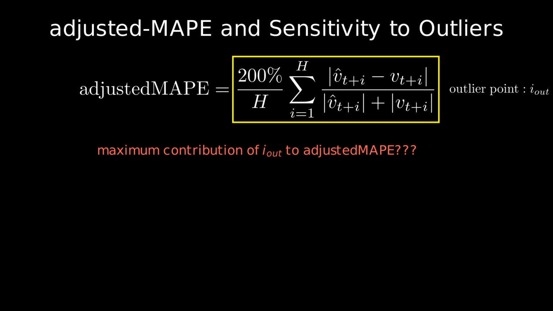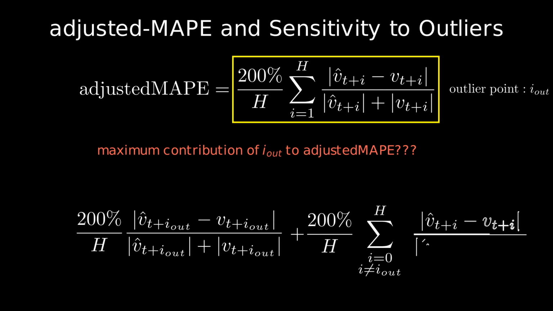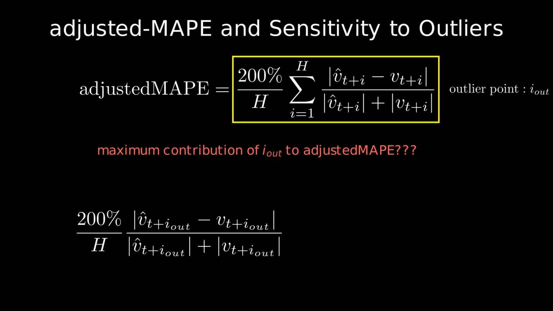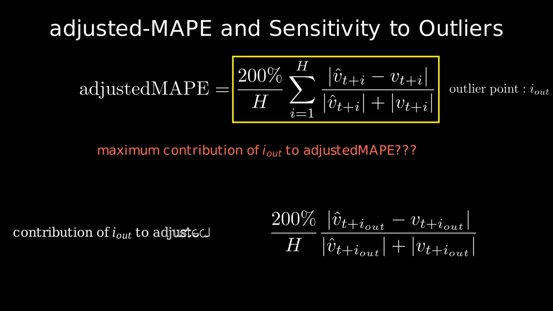What we are going to do is to decompose the right-hand side of the equation into two parts. The first part shows the contribution of the outlier point to the overall error, and the second part shows the contribution of all the other points. Because we are interested in the contribution of the outlier point only, we can drop the second term and simply write that the contribution is equal to the remaining term.